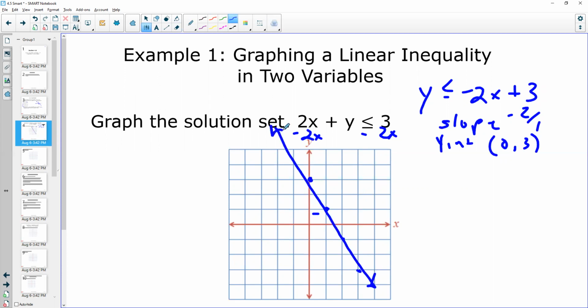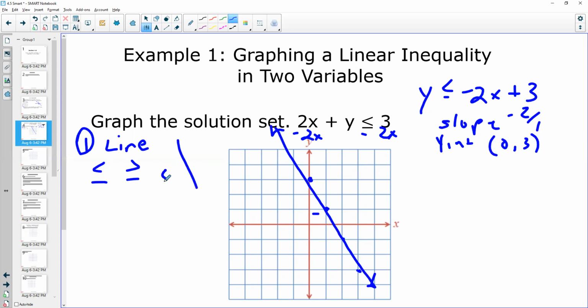And now the trick is, when we graph inequalities, a couple of extra things happen, 2 to be exact. The first is we need to decide about our line. So when things are less than or equal to, greater than or equal to, all of the points on the line are included.